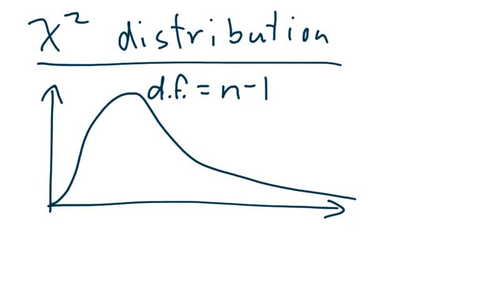Now, it is skewed to the right. That's one of the facts about it. You can see the tail to the right side is elongated. Also, when we look up our critical values, all of those are giving us right-sided areas. And so we will be finding here, this is going to be chi-squared alpha divided by 2 on this side.